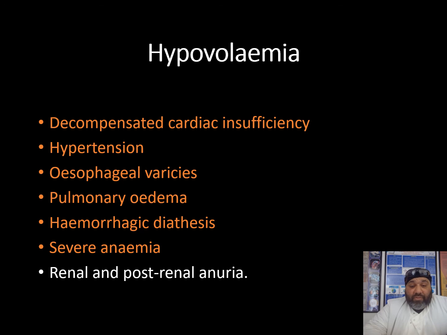And then there can be renal and post-renal anuria, where basically the kidneys, the renal function, can unfortunately shut down as a reaction to hemorrhagic diathesis, or through blood loss.